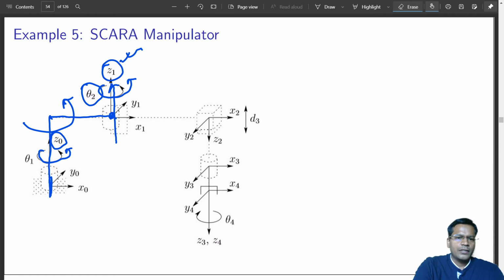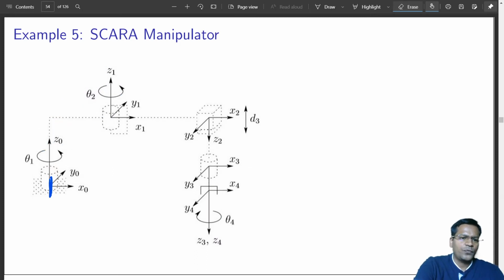The first 2 are revolute joints, and the next is a prismatic joint. So point 3 can go anywhere in space.